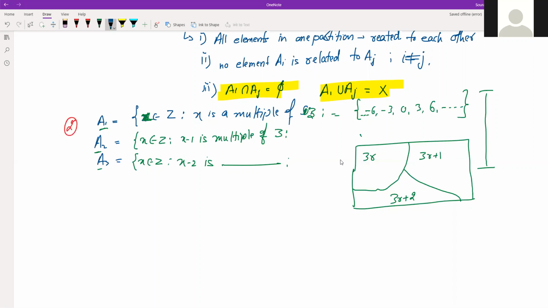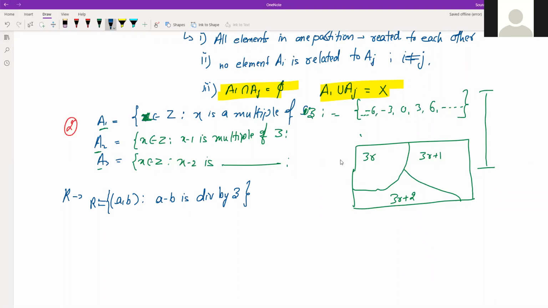Okay, now suppose R is a relation in Z such that R is equal to the set of (a, b) such that 3 divides a minus b, or I'll say a minus b is divisible by 3.